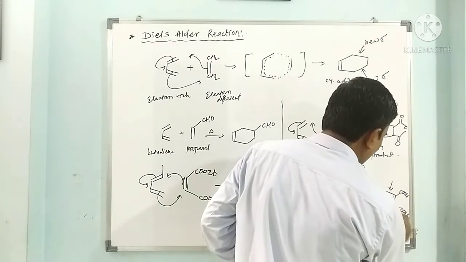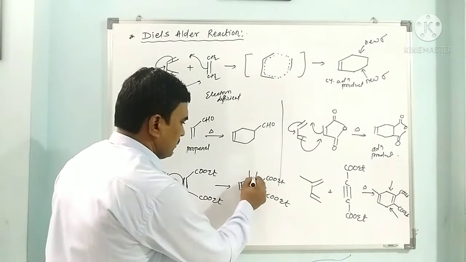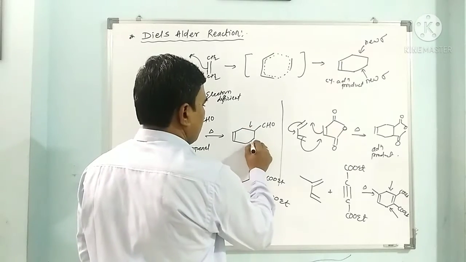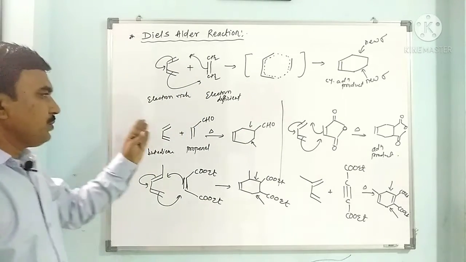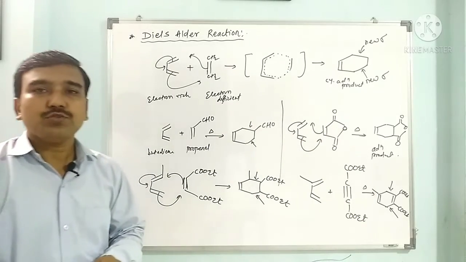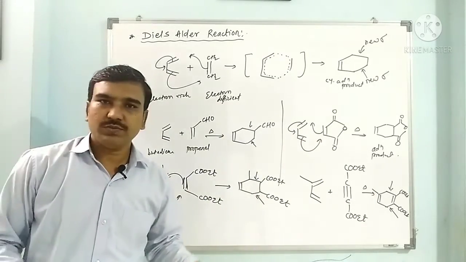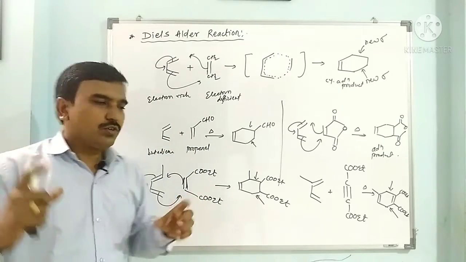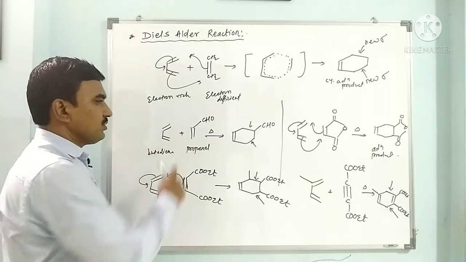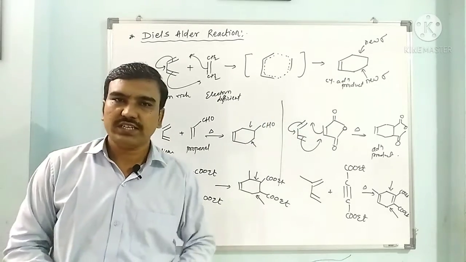So here this new sigma bond, this new sigma bond, this new sigma bond, this new sigma bond. So these are the new sigma bonds formed. So 2 pi bonds are replaced by 2 new sigma bonds. So at the cost of 2 pi bonds, 2 new sigma bonds get formed between the 2 carbons of diene and these 2 carbons of dienophile. So there is a sigma bond formed here through the cyclic 6-member transition state.